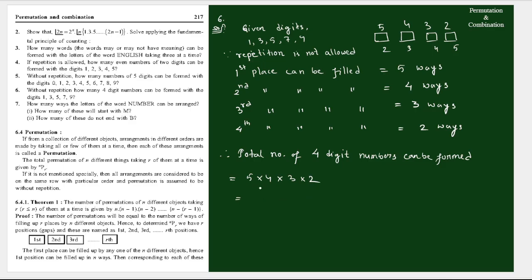So 5 into 4 is how much? 20. 20 into 3 is 60. 60 into 2, 120. So this much of numbers. Clear? Understood?